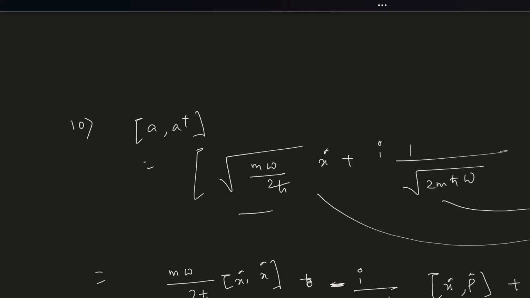And finally, this with this will have a minus sign, minus i squared is again plus 1, so this is plus 1 by 2m h cut omega [p, p].